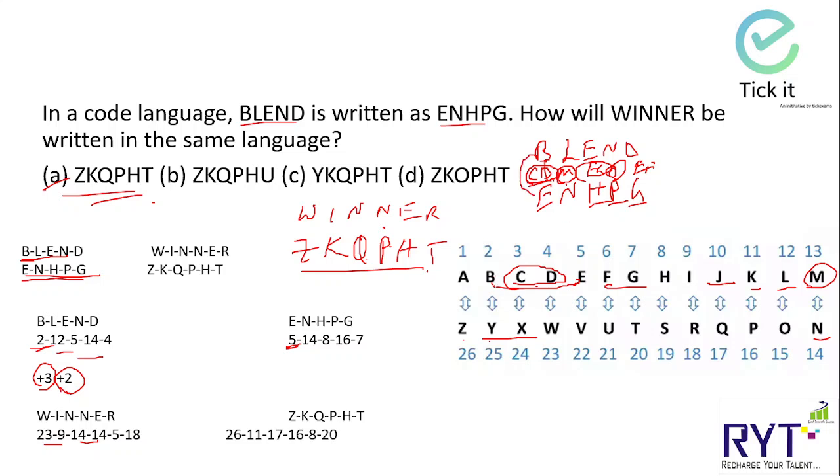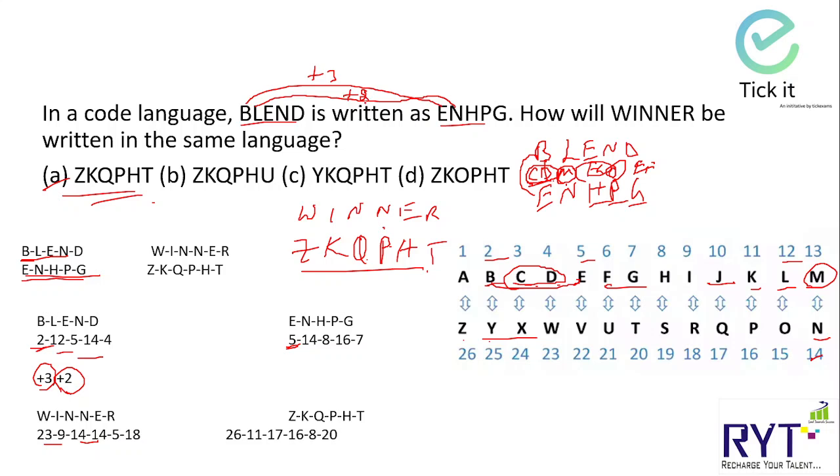So basically, after B we have C and D, so 2 letters are skipped here. Or if you go by the numbers, 2 is becoming 5, which means plus 3. From B to E, it is plus 3. Same way, L has become N. LMN. L is 12, N is 14, so it is plus 2.